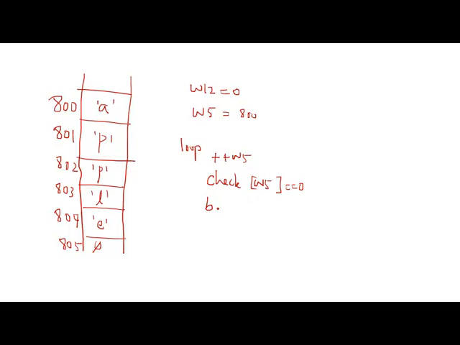If it is, then do a branch. If it isn't, do a branch not 0 to the loop. Otherwise, you're at the end of the loop and you also want to increment W12. So you would do plus plus W12, which is the string length, right? And then W5 is the pointer to your string.